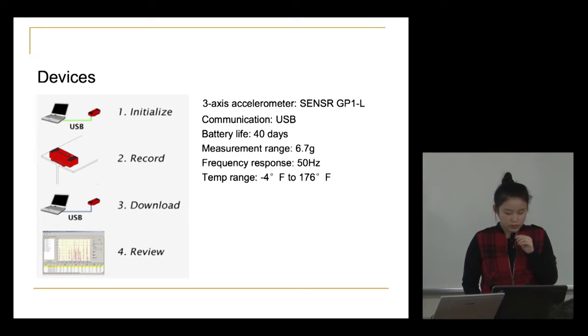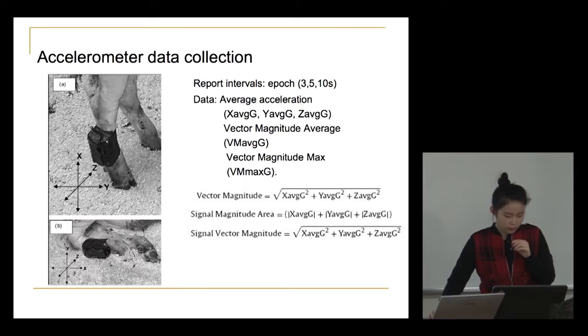And this is the device this research used: a 3-axis accelerometer called sensor GP1L, with a USB connection, and it can be used for 40 days. Through this device, the behaviors of cattle can be recorded.